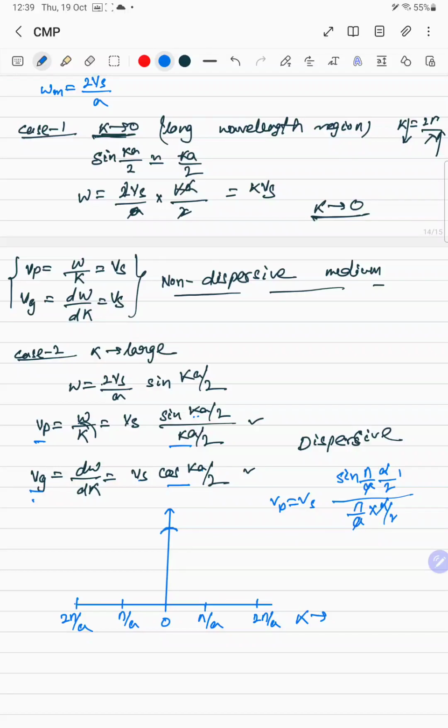Since sine pi by 2 is 1, Vp will be twice Vs by pi. So at pi by a, Vp will be 2 Vs by pi, so Vp will decrease, and at 2 pi by a, if you put k as 2 pi by a, sin pi will be 0, so Vp will fall like this.